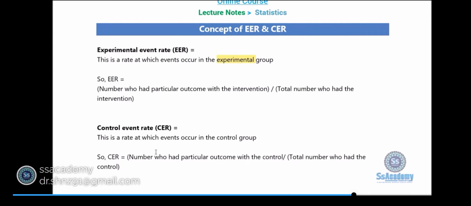Experimental event rate equals the number who had the particular outcome with the intervention divided by the total number who had the intervention in the experimental group. Control event rate is the number who had the particular outcome with the control divided by the number who had the control.